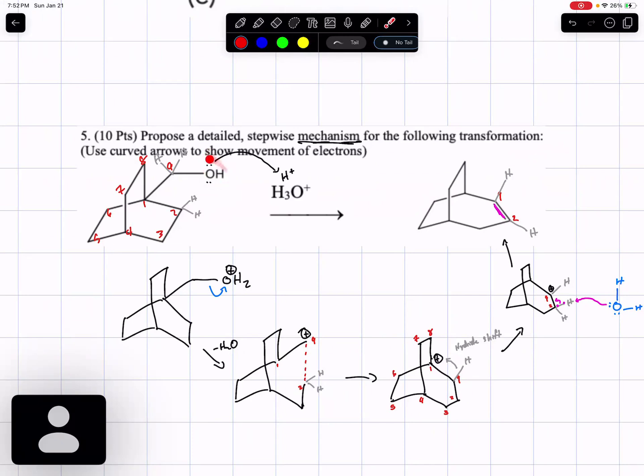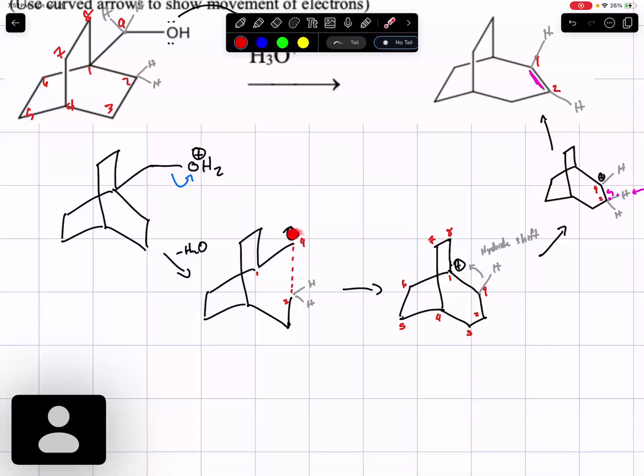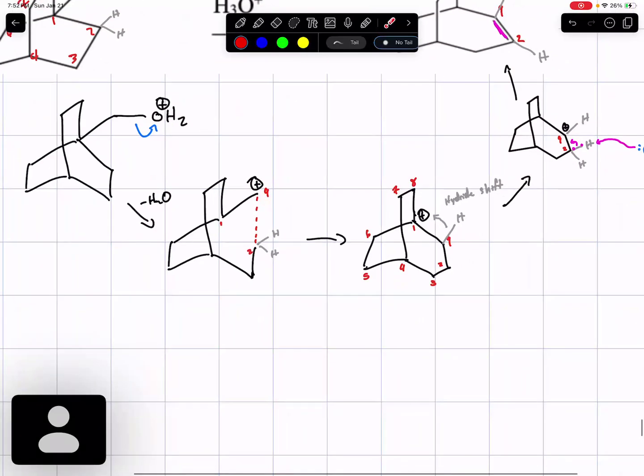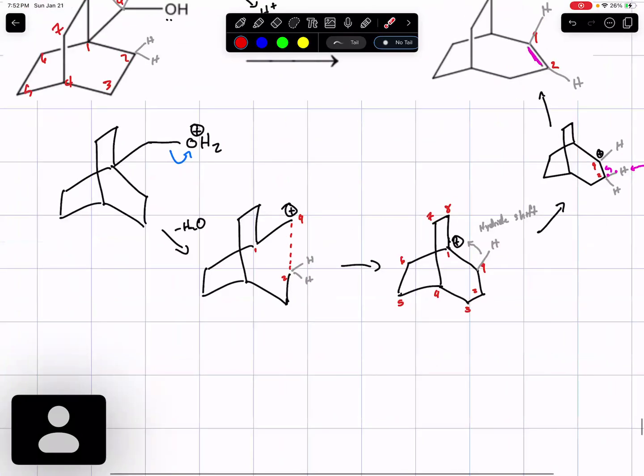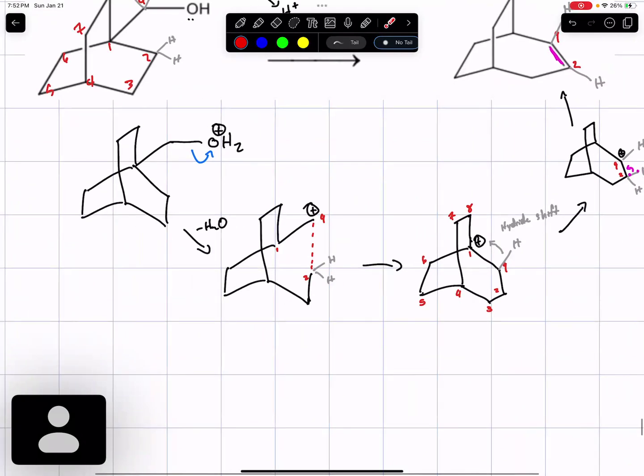Since hydroxyl is leaving, we first protonated the hydroxyl group with hydronium because it's a good source of protons. This made water into a good leaving group. Once water left, we formed a primary carbocation at position number 9. Because there wasn't any methyl or hydride shift available from carbon number 1, we knew that we had to break a bond. We broke that bond between 1 and 2.